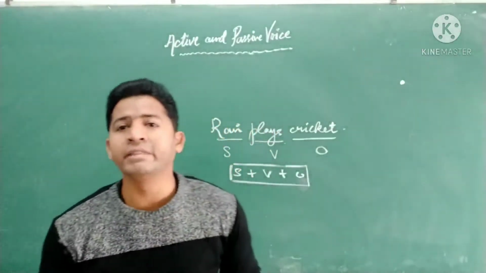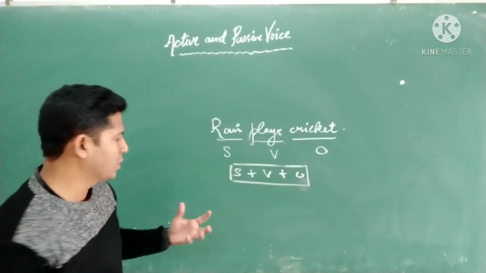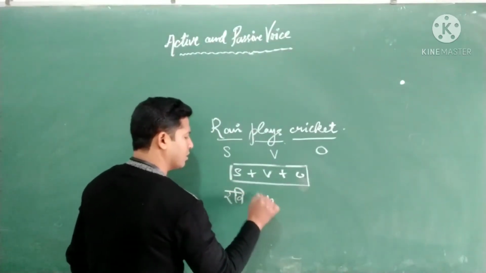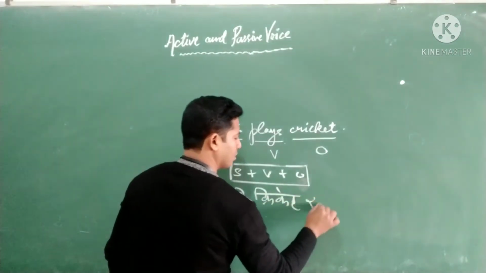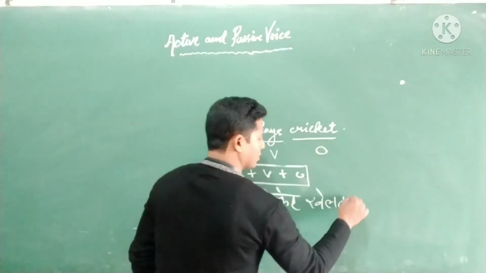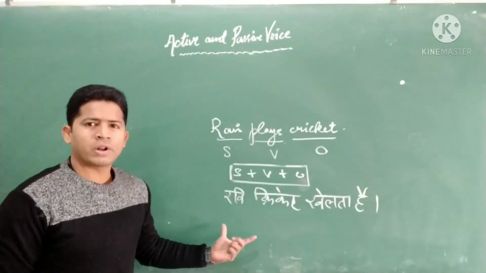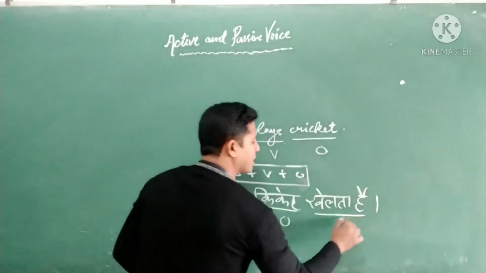If you think of Hindi, if you want to say the same sentence in Hindi, you will write Ravi... This is how you write. This part will be the subject, this is the object, and then comes the verb.